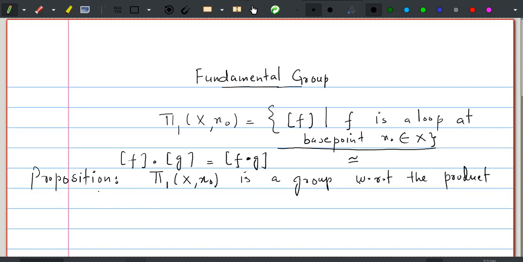If we take two classes, two elements here, then the product is defined to be the class of the product f dot g. This product is a binary operation.